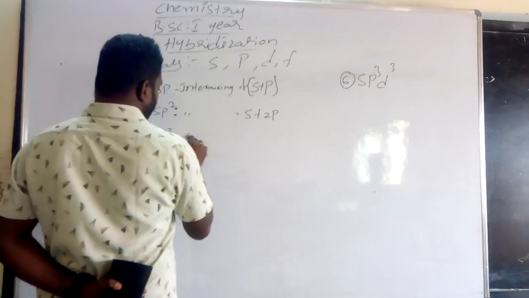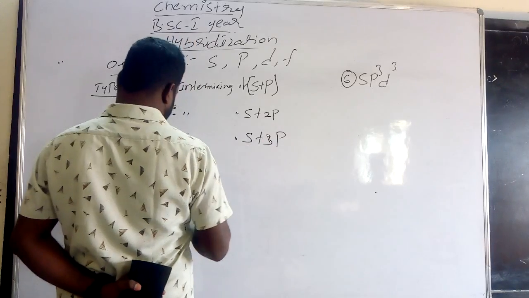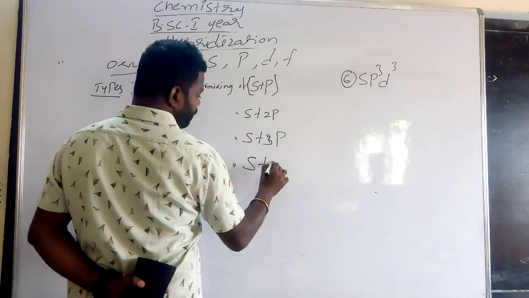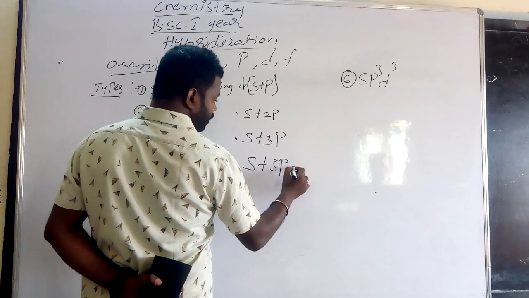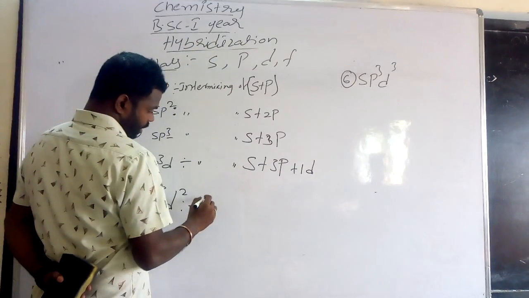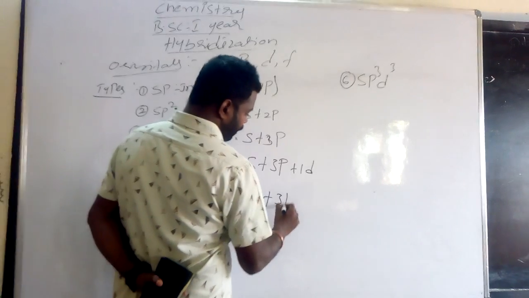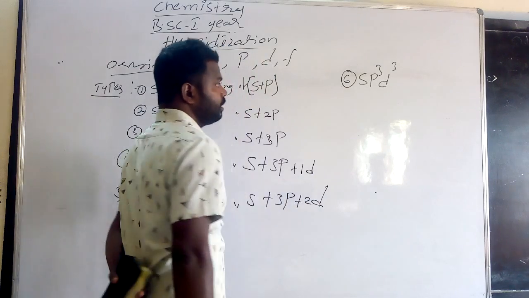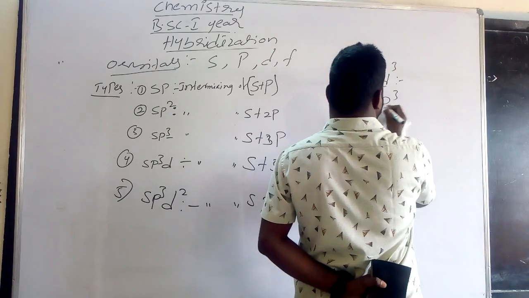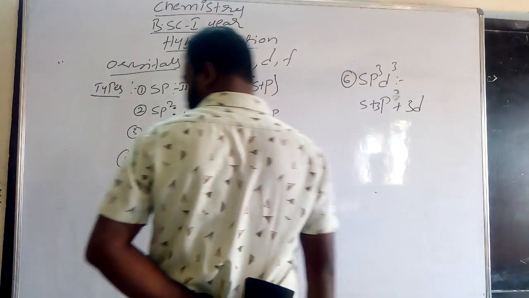And sp3: intermixing of one s orbital and three p orbitals. And sp3d: intermixing of one s orbital, three p orbitals and one d orbital. Last ones, sp3d2: intermixing of one s orbital, three p orbitals and two d orbitals. Finally, sp3d3: intermixing of one s orbital, three p orbitals and three d orbitals.